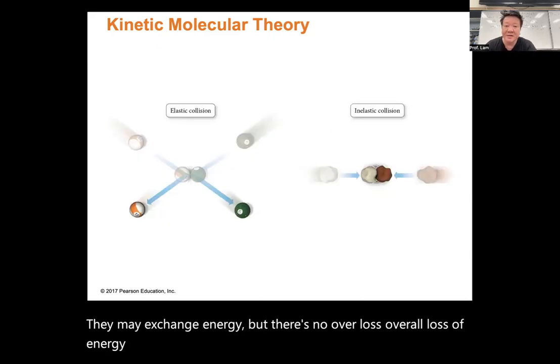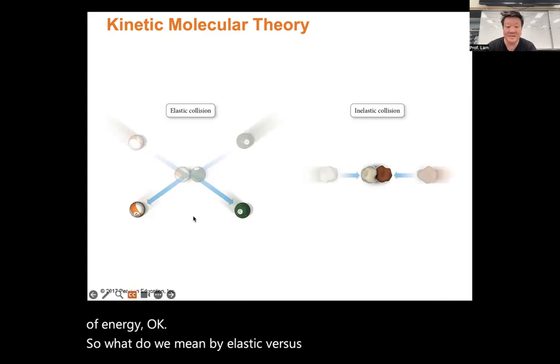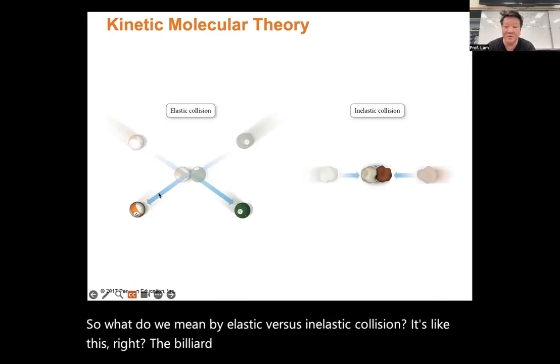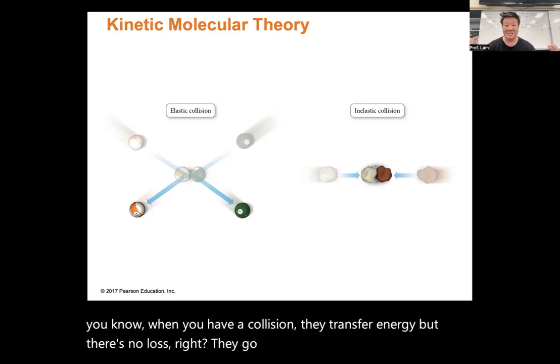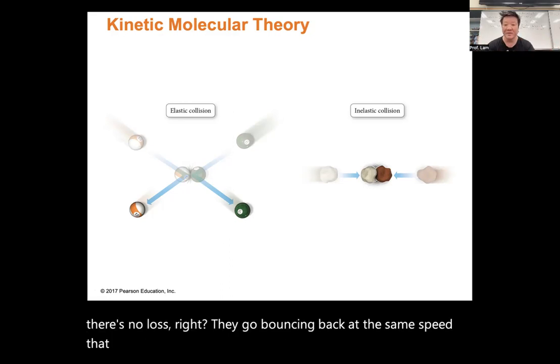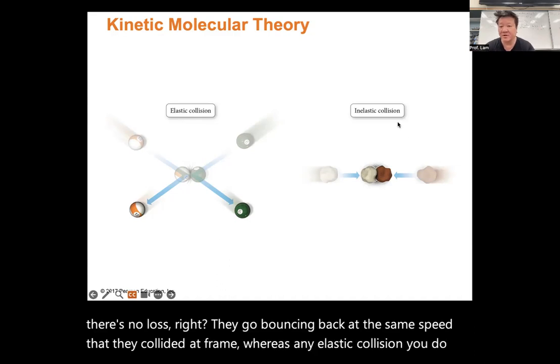Okay. So what do we mean by elastic versus inelastic collision? It's like this, right? The billiard ball example on a very smooth pool table is, when you have a collision, they transfer energy, but there's no loss, right? They go bouncing back at the same speed that they collided at, right? Whereas in an inelastic collision, you do have a loss of overall energy, right?